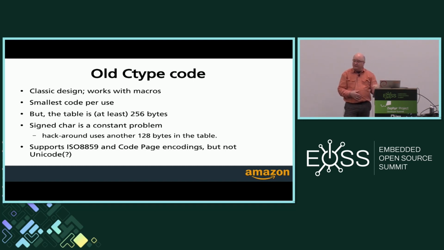The table is at least 256 bytes. At least, I say. Because signed char is a constant problem. I just learned earlier this morning that the Linux kernel now makes sure that chars are always unsigned. They actually force char to be unsigned on all platforms so that the code is the same across everything. And so you don't get variations across platforms.